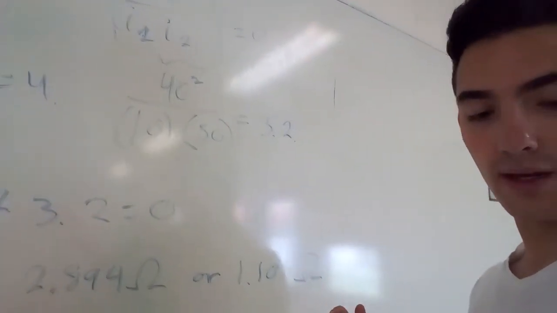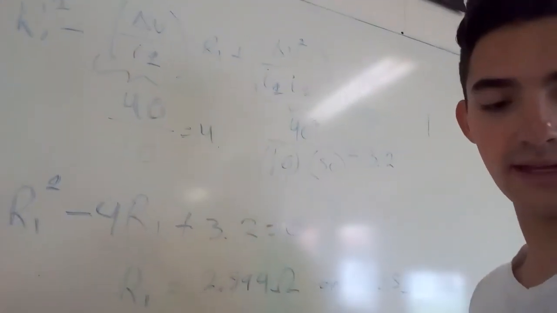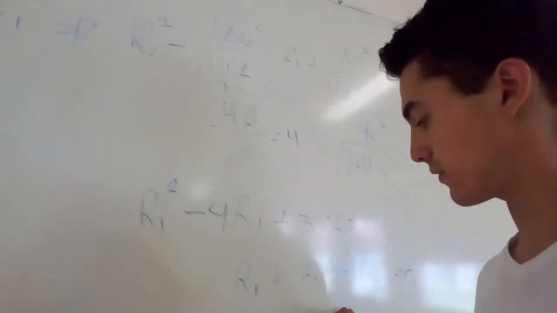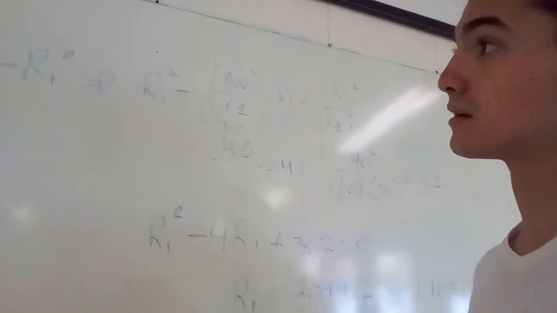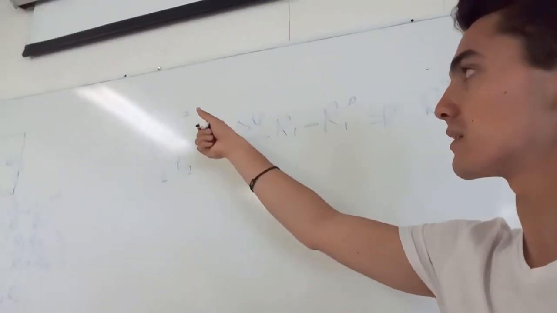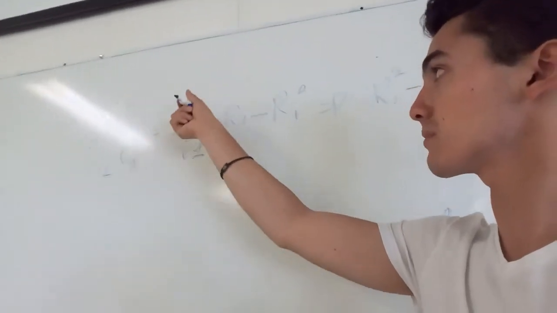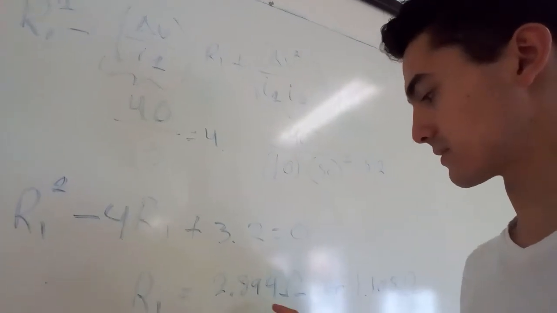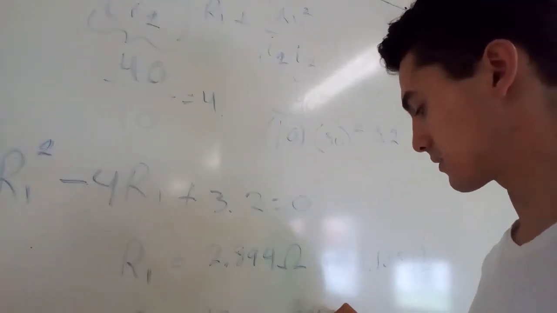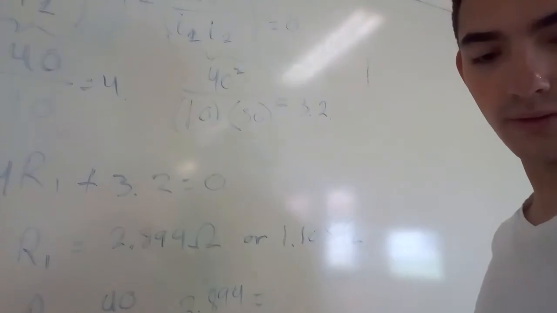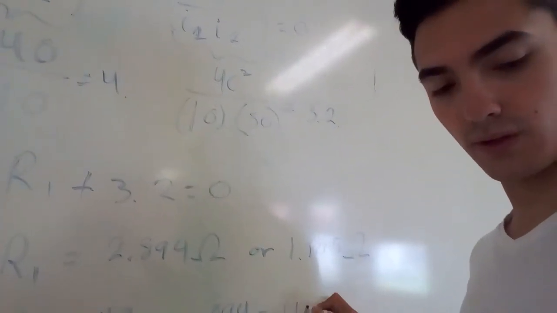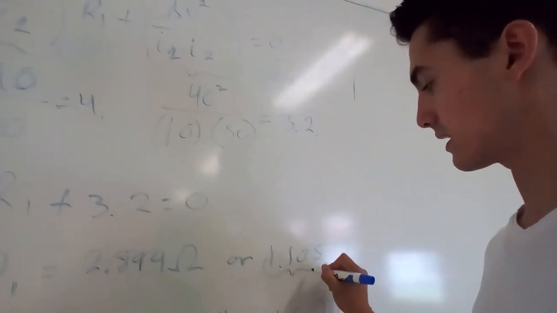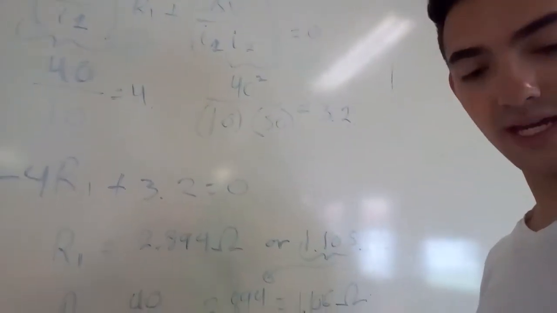If we use this value in our formula for the R2, that was the difference in voltage over the current 1 minus the resistance 1, this will be equal to 1.106 ohms, okay?